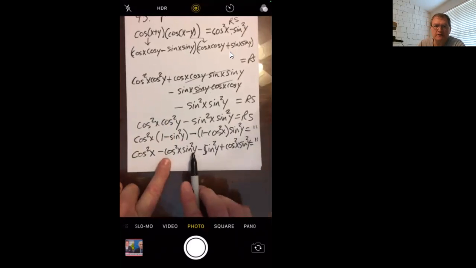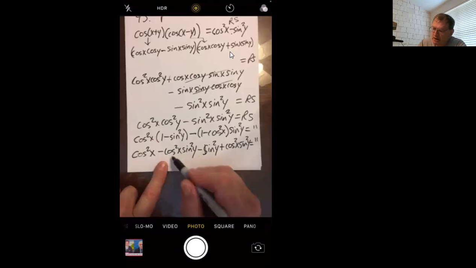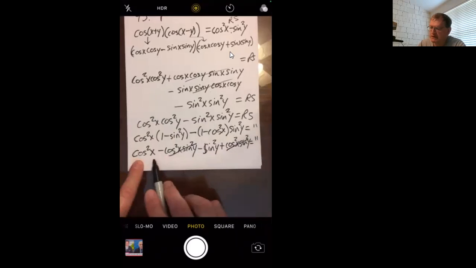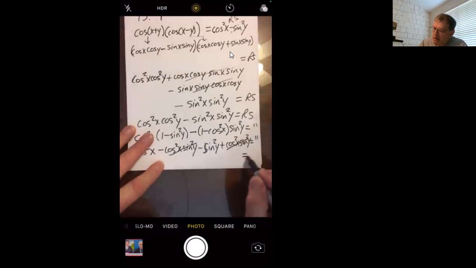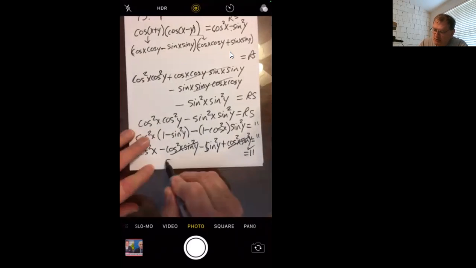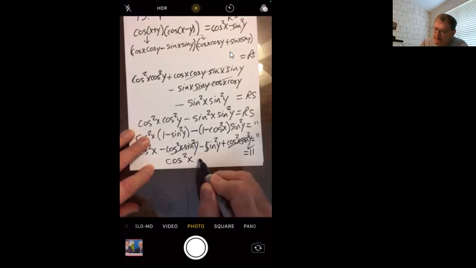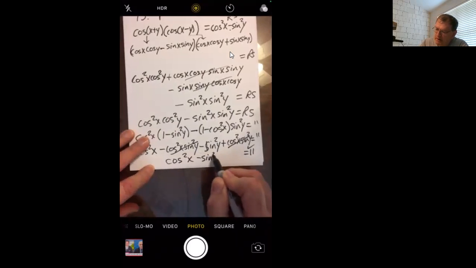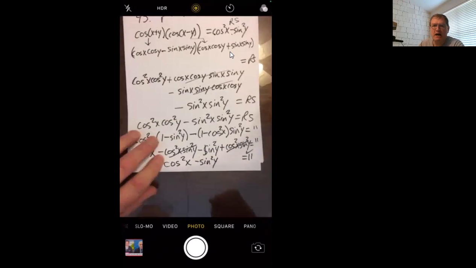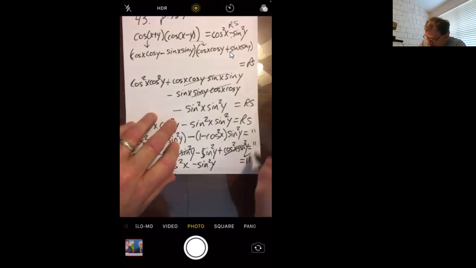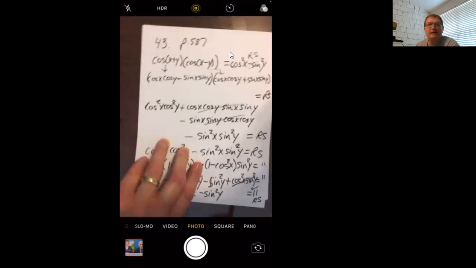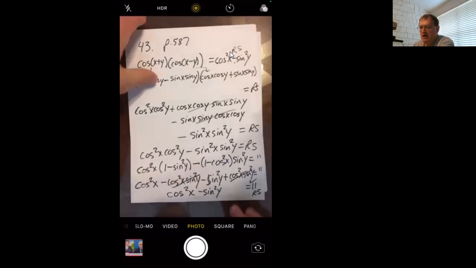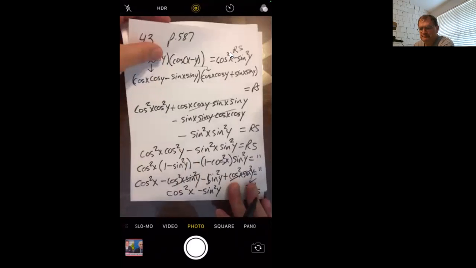And your negative cosine squared x sine squared y plus, boom, boom, and here's your cosine squared x minus sine squared y, which equals there. So I can write out one more step. Cosine squared x minus sine squared y equals, boom, your other side. These are not 11s. I'm trying to show right side. Okay, yeah, tricky one.